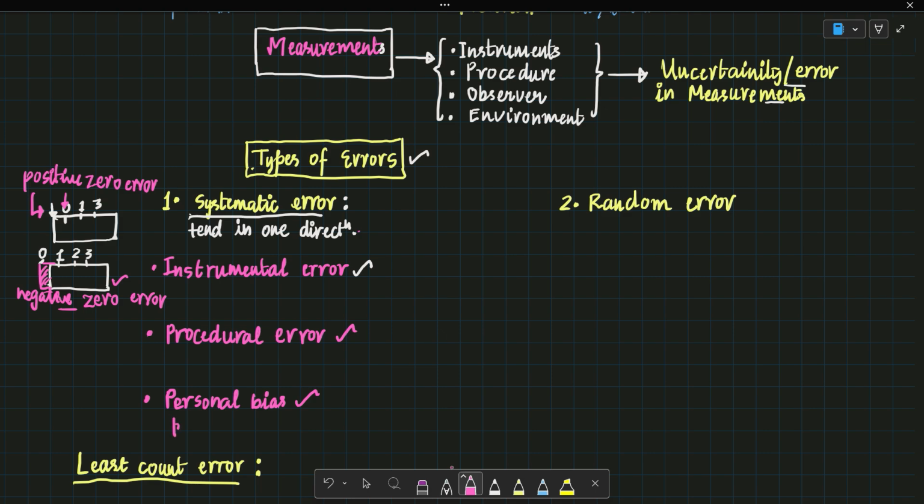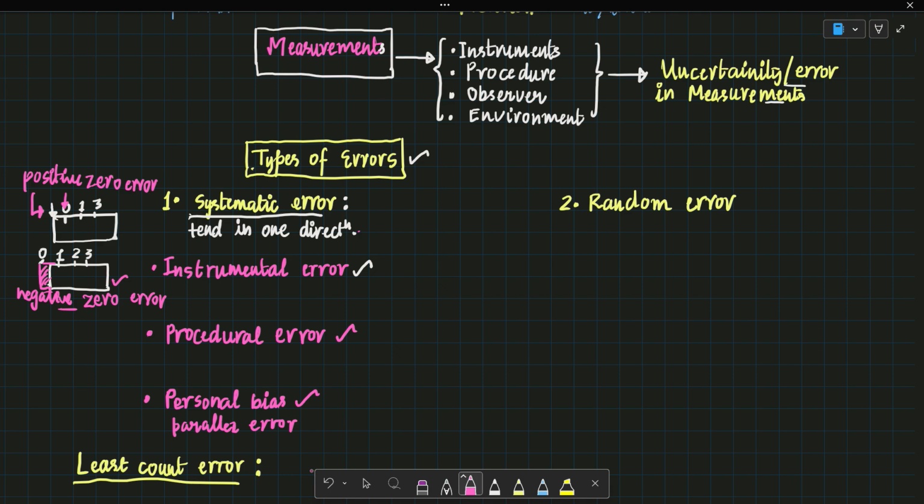It's called parallax error. If the user is not careful, there will always be error because of the person taking the reading.